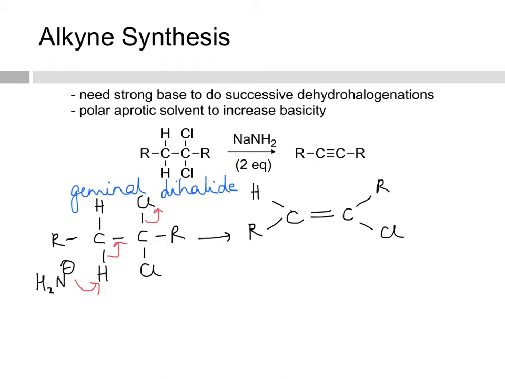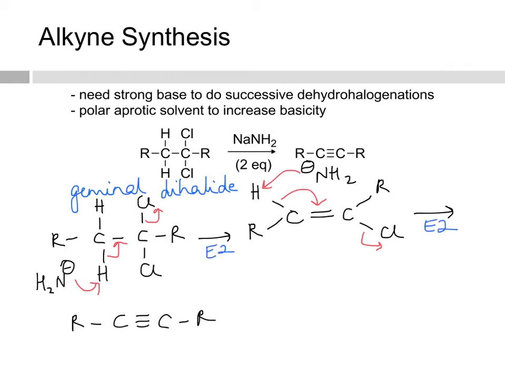Your second equivalent of base then does the second step, again an E2, to get to your final product, which is your alkyne. And again, this is an E2 mechanism, this is also an E2 mechanism.